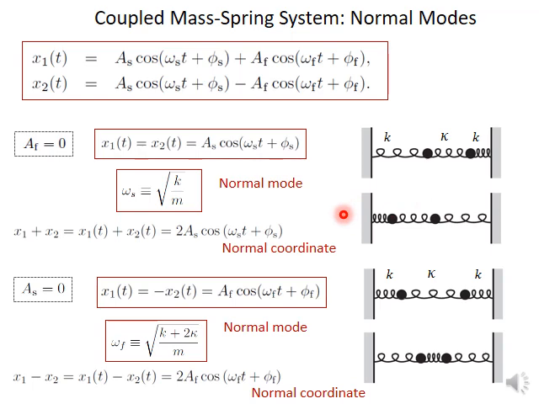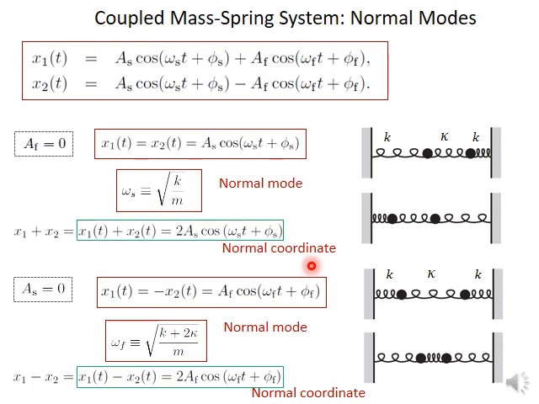One benefit of defining this normal coordinate is that you can now represent a system of coupled harmonic oscillators as a system of uncoupled harmonic oscillators using these normal coordinates. So you have these two equations in which these normal frequencies are completely decoupled.